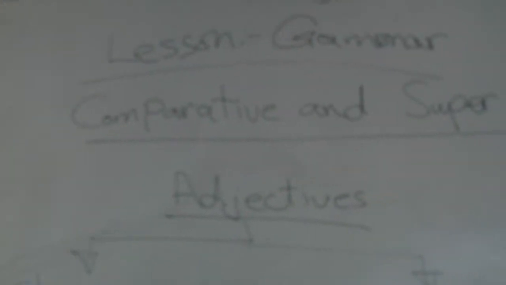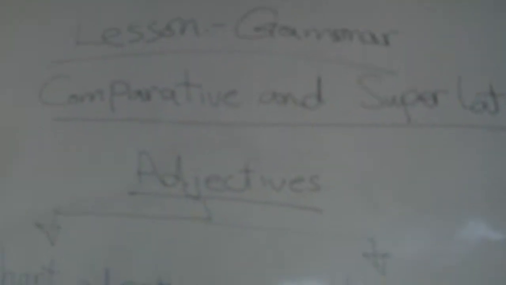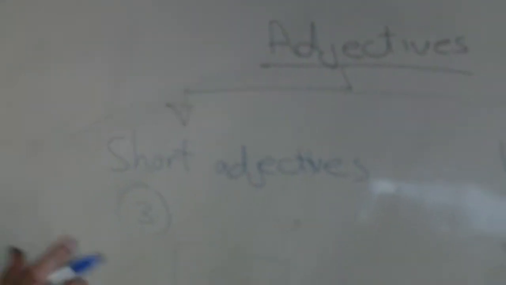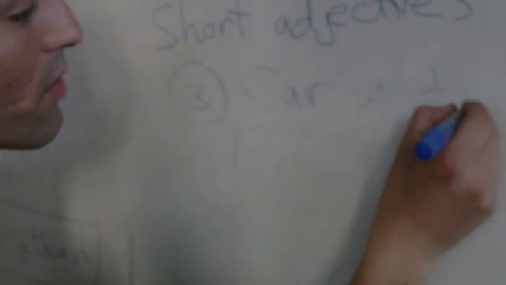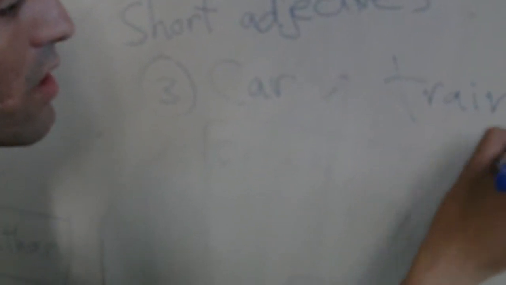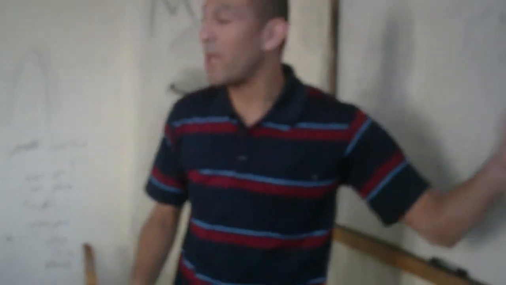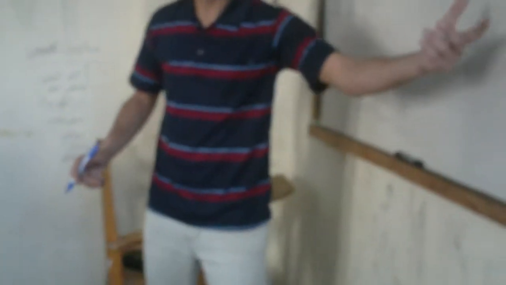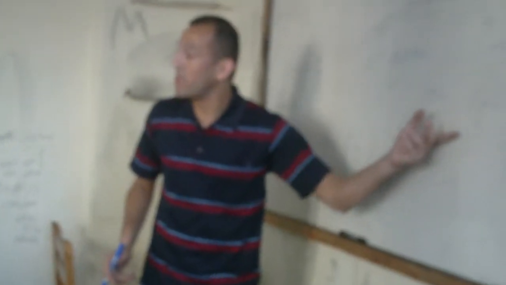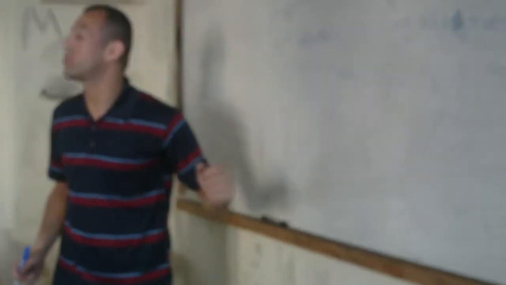If I want to make a comparison between three somethings or more than three somethings, like car, train, and plane. Car, train, plane. I will make a comparison between these three kinds of transportation.